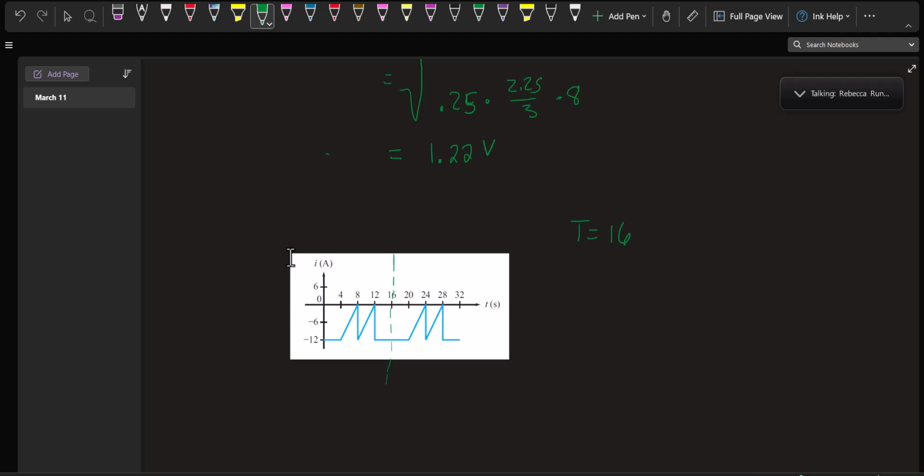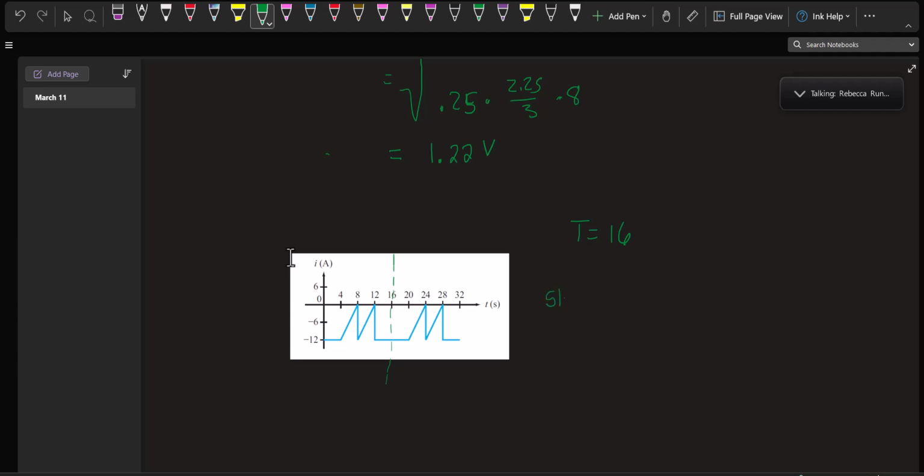And if we look at our little line segments here, our line segments have slope 12 over 4, or slope 3.